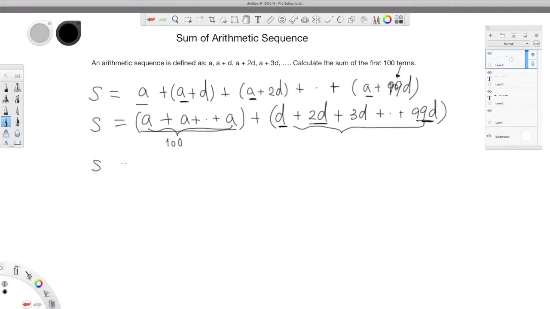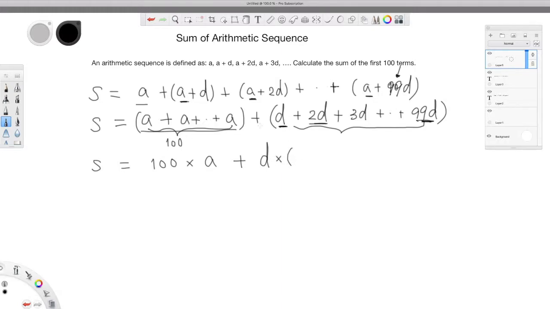Let's first write down the first sum. It's 100 times A. That's easy. The second, we're using the distributive law. You see that every term has a D: D plus 2D plus 3D plus all the way to 99D. And this D is a common factor, and using the distributive law, we can factor that out.